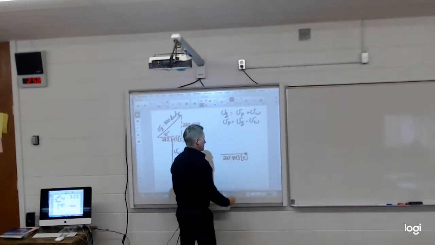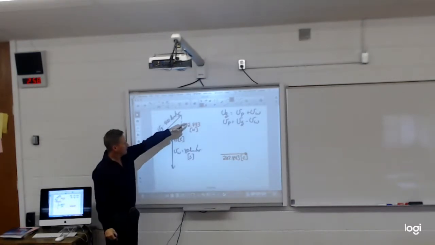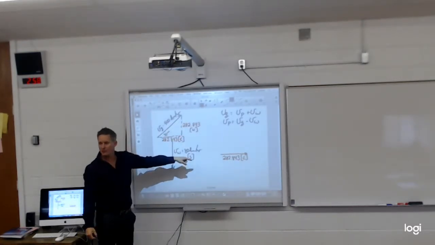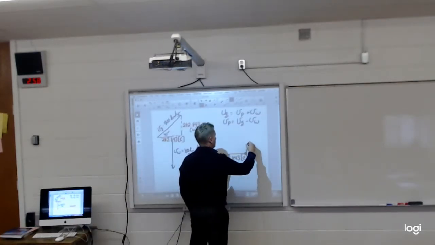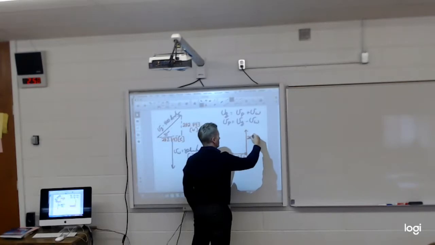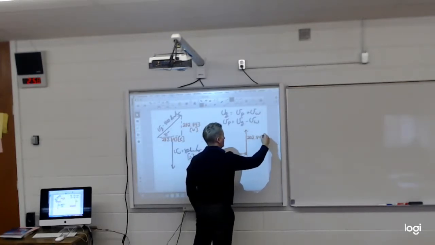I have a north and a south component, so I would subtract those. So I'm going to get 202.843 to the north.